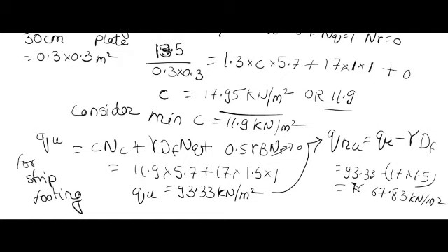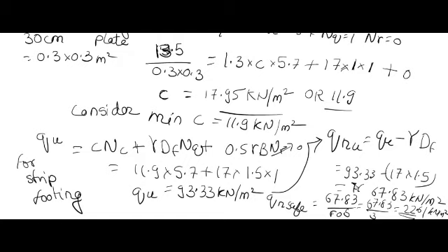And from the net ultimate we can find Q net safe, which is 67.83 divided by the factor of safety, which in the problem is given as 3. The final answer comes out to be 22.61 kilonewton per meter square, and this is your final answer.